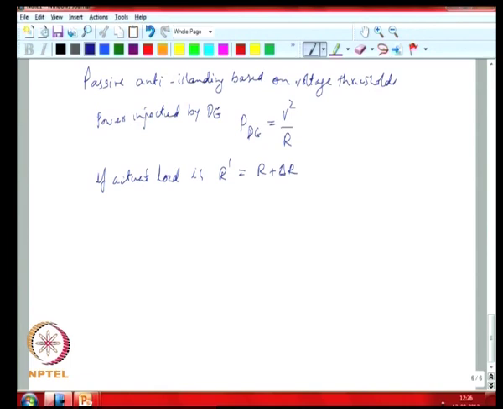So, if you open the switch, instead of having the original voltage V, you will have a different voltage V prime.